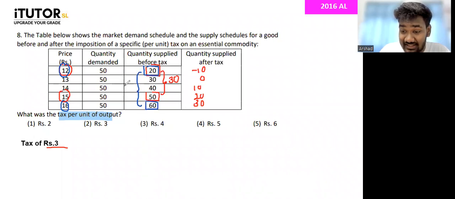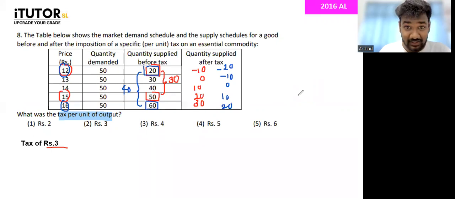The difference is 40. So how do I find the quantity supplied after? 20 minus 40, I get minus 20. 30 minus 40, minus 10. Then 0, then 10 and 20. Is that okay?